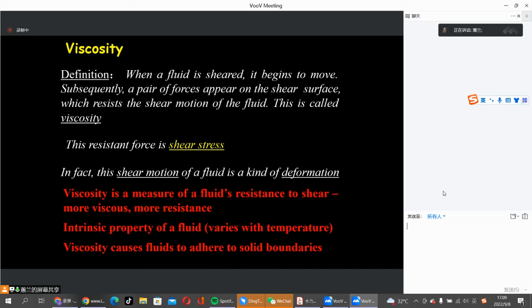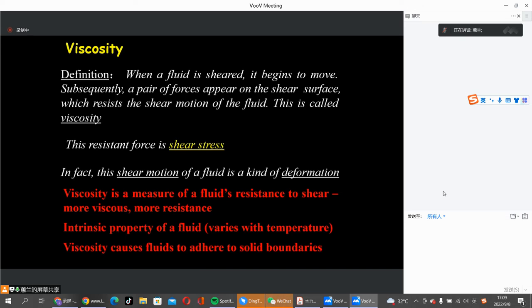Because of viscosity, fluids adhere to solid boundaries. Because of viscosity, we have the important no slip boundary condition. It's very important. Viscosity is just like the internal friction force.